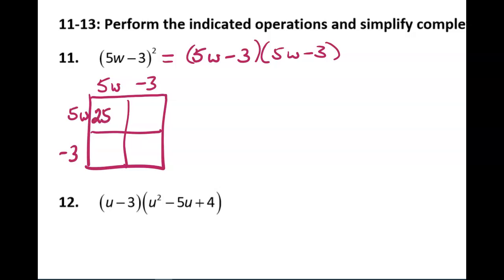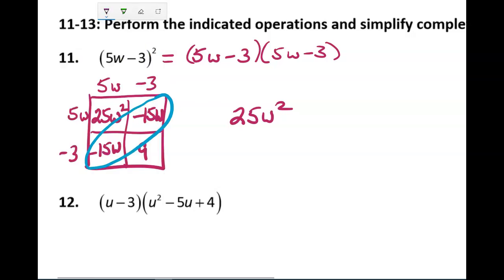So now we have 5w times 5w is 25w squared. 5w times negative 3 is negative 15w. Same result here for that product, and negative 3 times negative 3 is positive 9. Now we just simply need to add all of those terms together, so 25w squared.